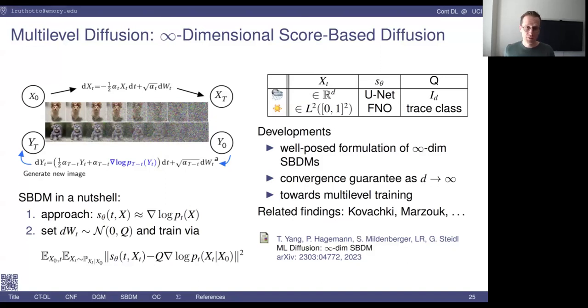One thing I would ideally want is generalization across resolutions. I could train on coarse images, have a diffusion model, and then generate on a finer grid. Or if I'm not happy with the quality, I could continue training. These are ideas that have been very popular in inverse problems and image processing that I think still are not happening too much in diffusion models.